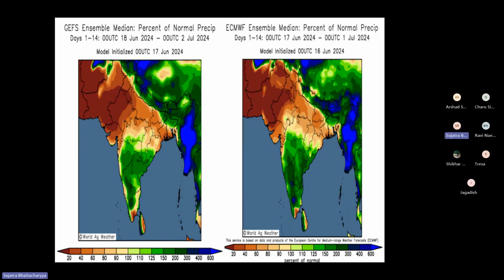Now I want to compare this with two other well-known models. One is GFS from NCEP, and this is the ECMWF. Both are identical, and both are showing that the monsoon is not going beyond July 2nd.